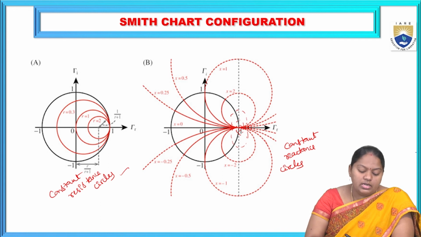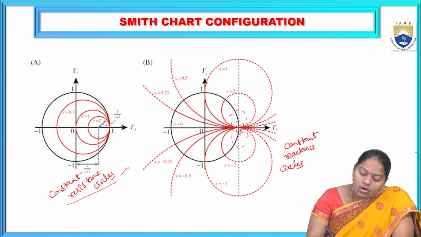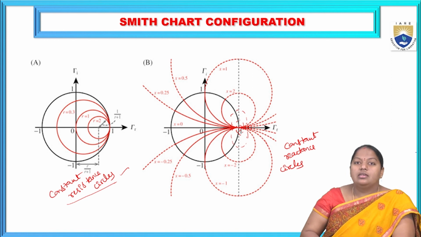Here is the one given as constant resistance circles, showing how these are represented in the complex reflection coefficient plane, and these are the examples of constant reactance circles. See, arcs are represented in a unit circle. If you extend them, the dotted lines resemble the complete circle representation of constant reactance circles.